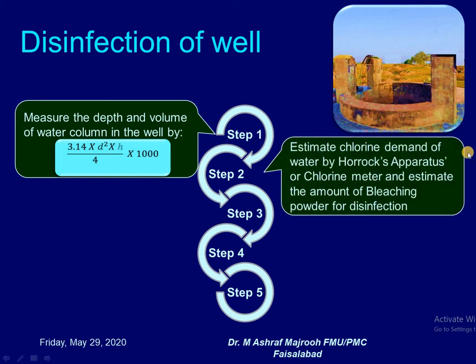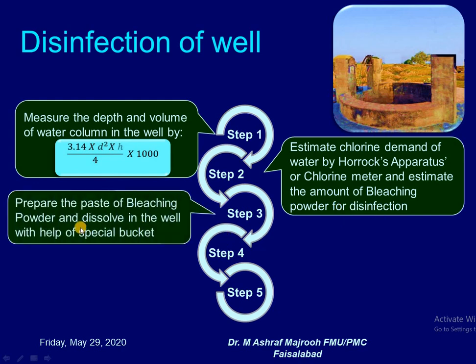Then estimate the chlorine demand of water by Horrocks apparatus or by any other apparatus like a chlorine meter, and estimate the amount of bleaching powder for disinfection. After estimating the bleaching powder, prepare the paste of bleaching powder and dissolve it in the well with the help of a special bucket.